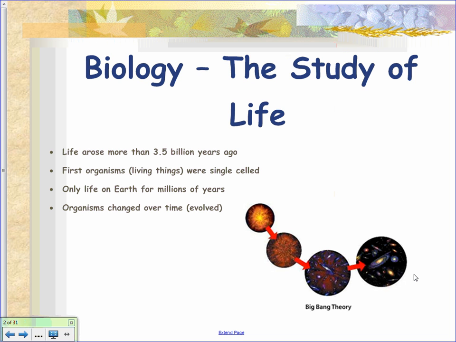So biology by definition is the study of life, and life as we know it arose around 3.5 billion years ago. They're saying it's anywhere between 3.4 and 3.6 billion years ago. It's a range because the first organisms were single-celled organisms, and so they were very, very small, and that was the only life on Earth for millions of years.